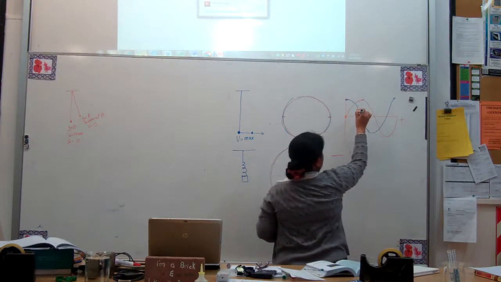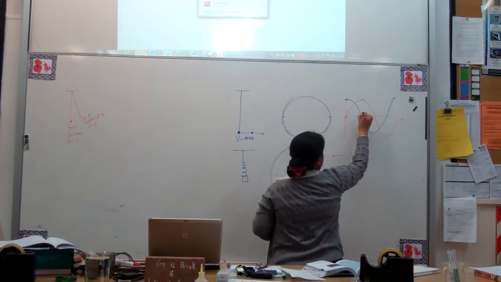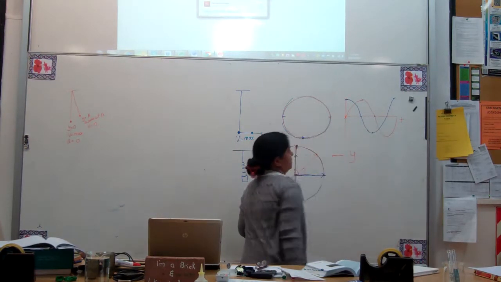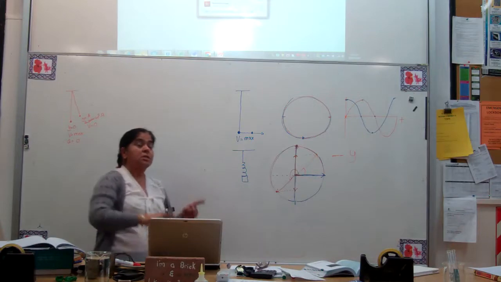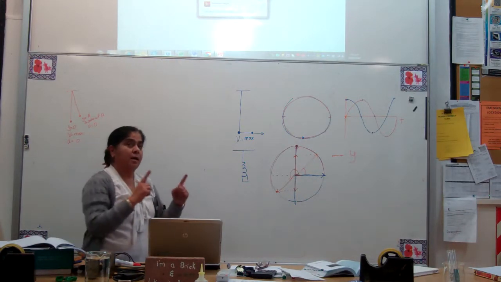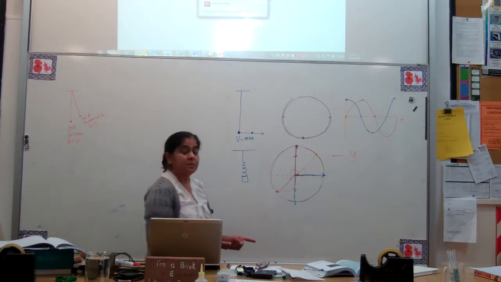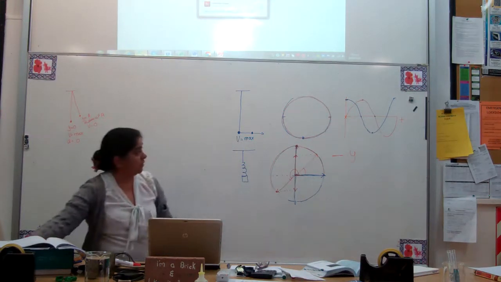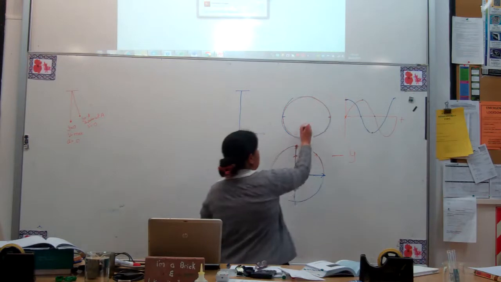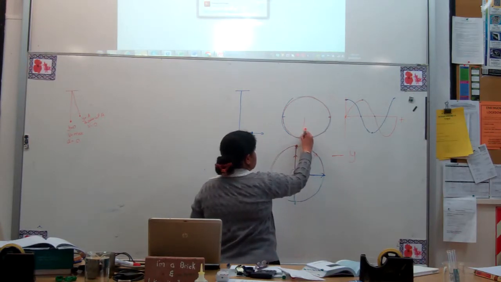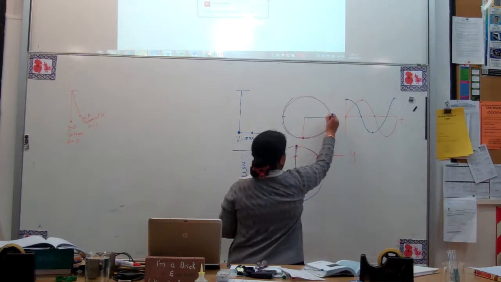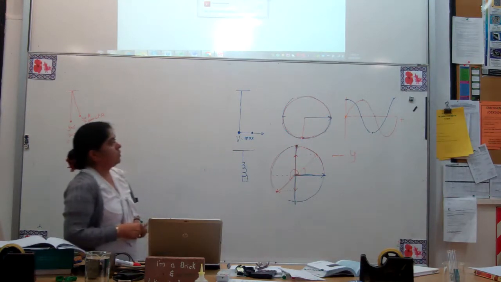When that one is maximum, this one is 0. When that one is 0, this one is maximum. So that means velocity is always ahead of displacement phasor by 90 degrees. So if I draw on the reference circle, that's my displacement phasor. Velocity phasor is that. What about acceleration?